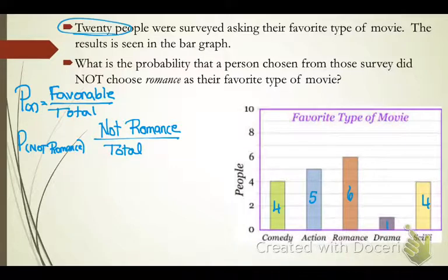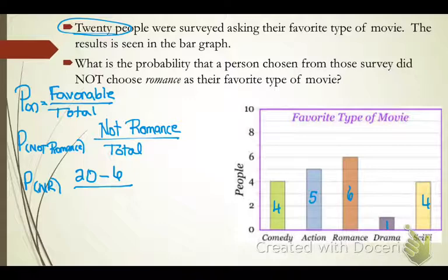So not romance is our favorable over our total. If we put some numbers to this, we total up all of the people in the survey and how many chose each category. The people that did not choose romance can be represented by the total minus the people that did choose romance, which was 6.